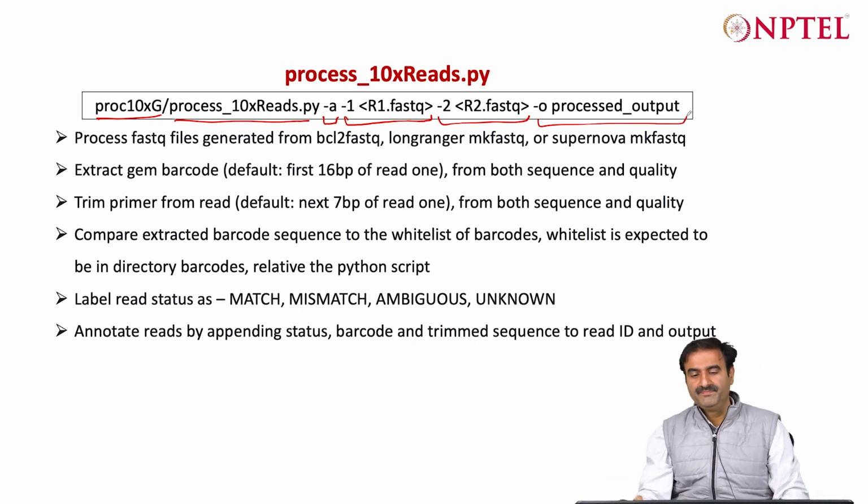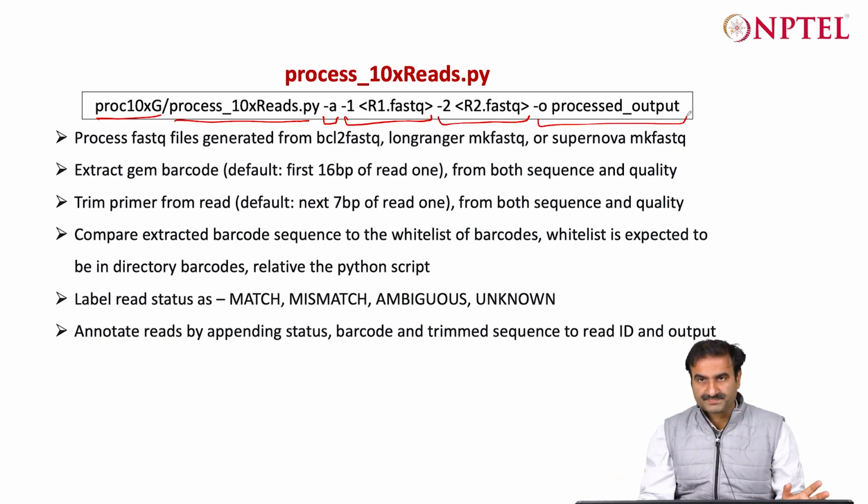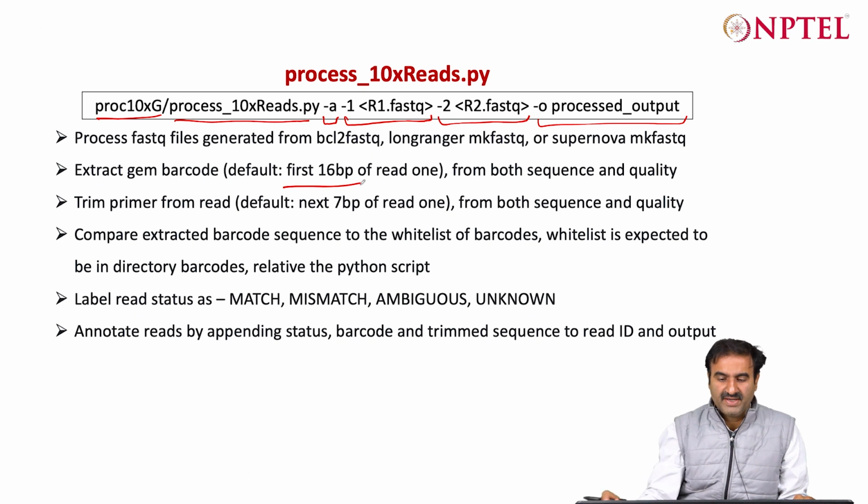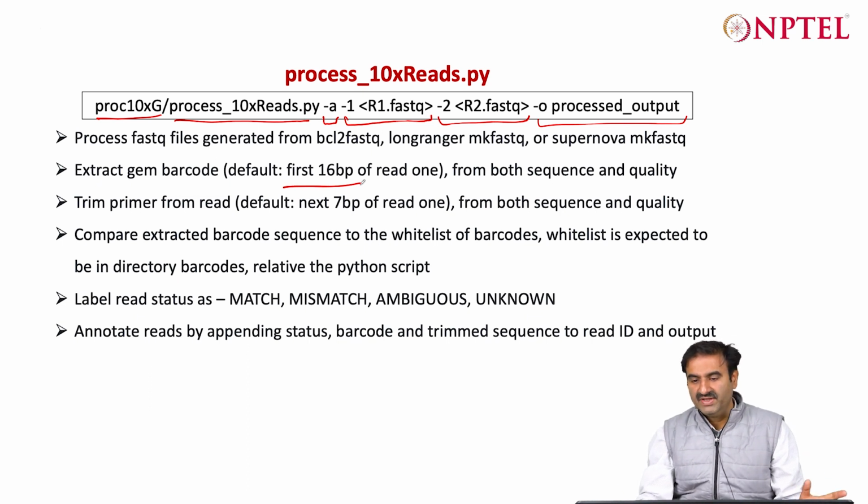So it will look for the presence of barcodes in the first 16 base pairs of read 1, from both the sequence and the quality values, and then it will label them. It already has a list of barcodes, or you can specify or add to that list.